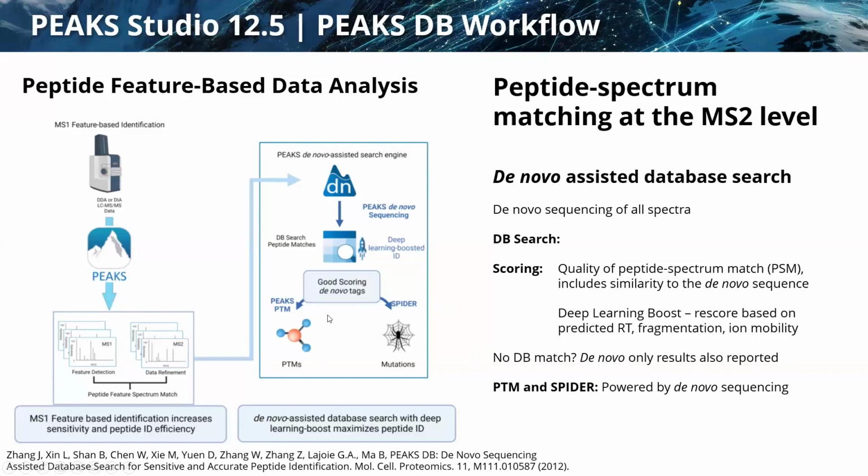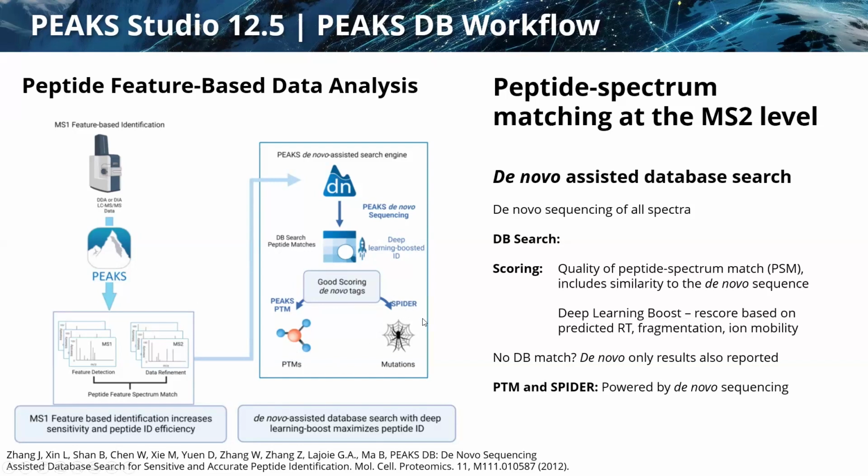The optional steps in the database search are the PEAKS PTM algorithm, which will allow you, in addition to the probably fewer variable PTMs you search in the database step, to search for pretty much all the built-in modifications in PEAKS, which can be hundreds at a time. The algorithm is designed in such a way that it doesn't cause a massive expansion of the search space for that purpose.